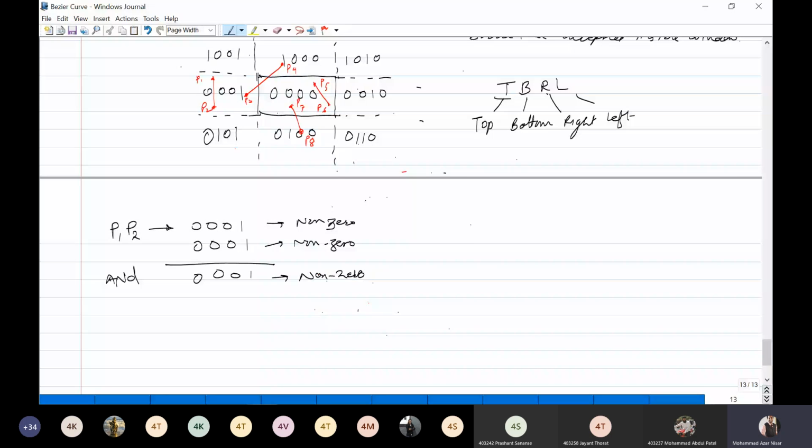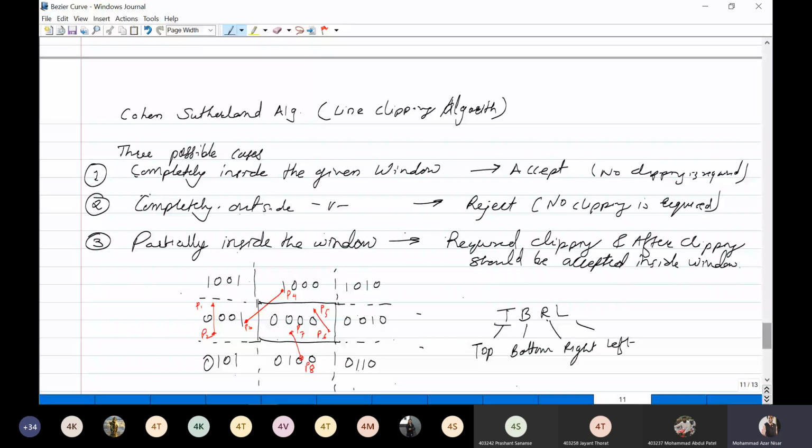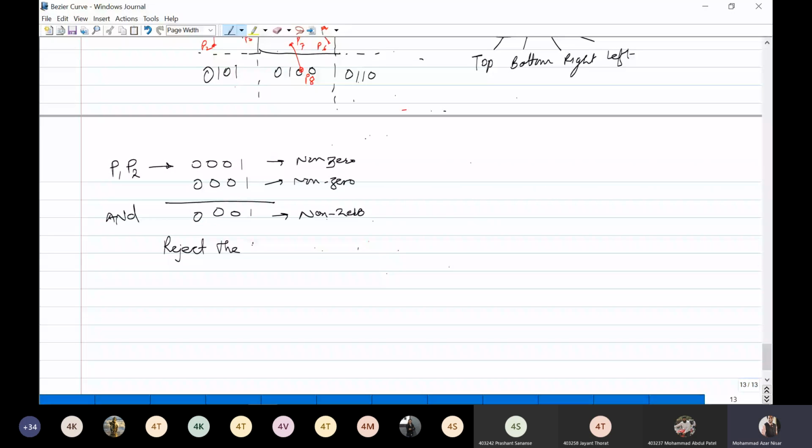That is a rejection condition. If all answers are non-zero, then the condition we have to use is reject the line P1 and P2.